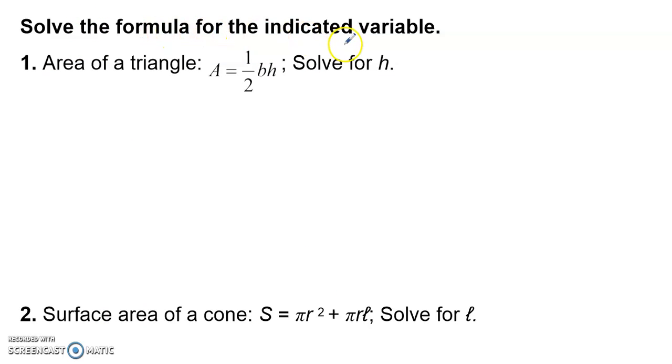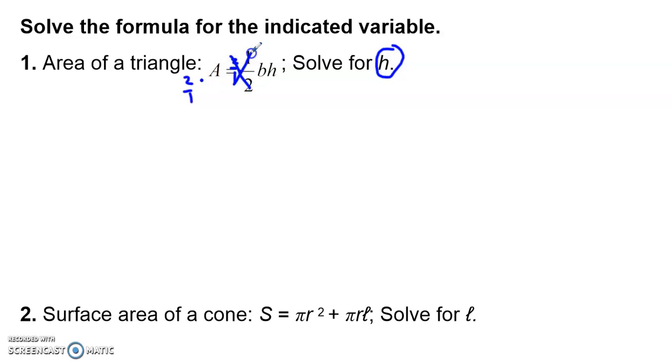Solve the formula for the indicated variable. The area of a triangle is A equals half the base times the height. So we want to solve for the H, or the height. So remember from the last lesson, in order to get rid of a fraction, we have to times by the reciprocal, which is just the fraction flipped upside down. So we need to times this by 2 over 1 on both sides.